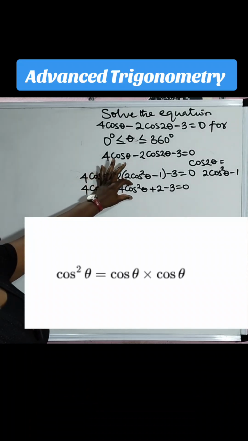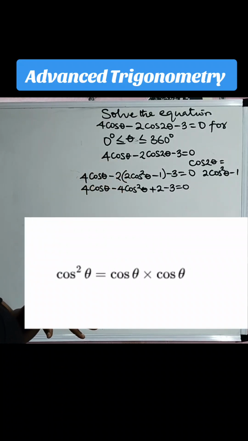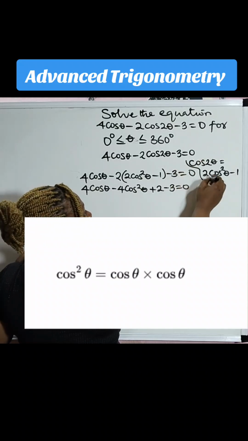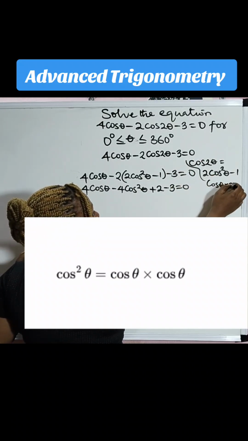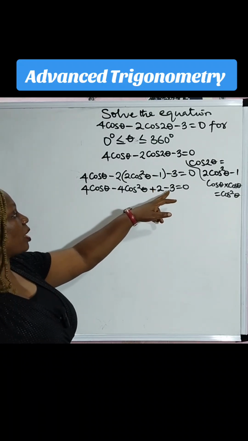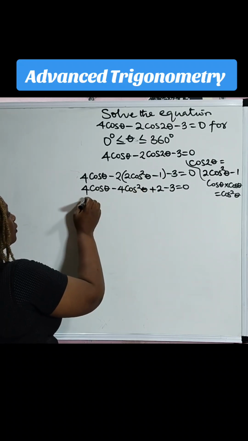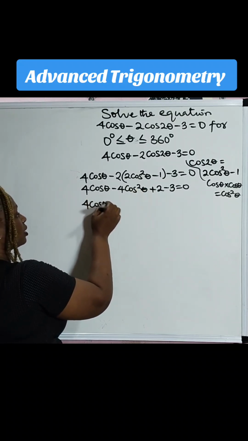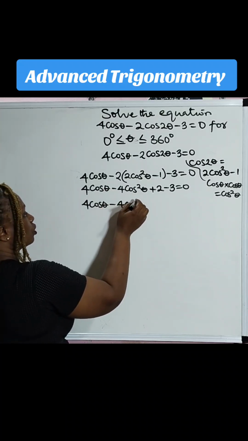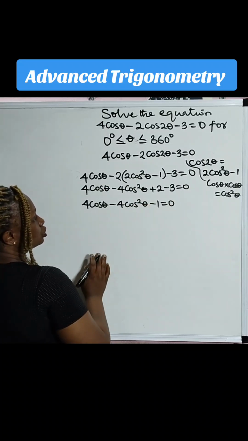Now remember that cos square theta is the same thing as cos theta times cos theta, which will give us cos square theta. All right. Now 2 minus 3 will give us minus 1. We now have that 4 cos theta minus 4 cos square theta minus 1 is equal to 0.